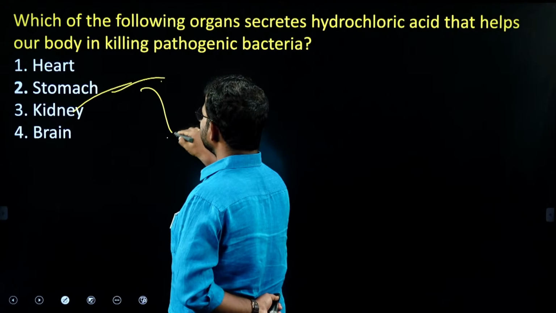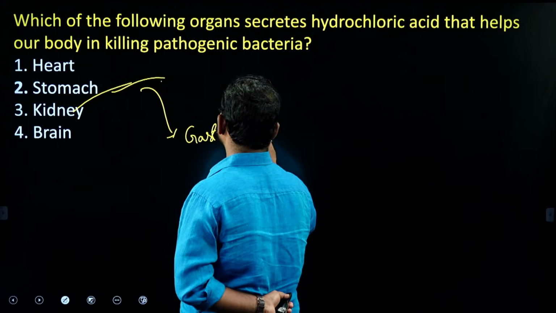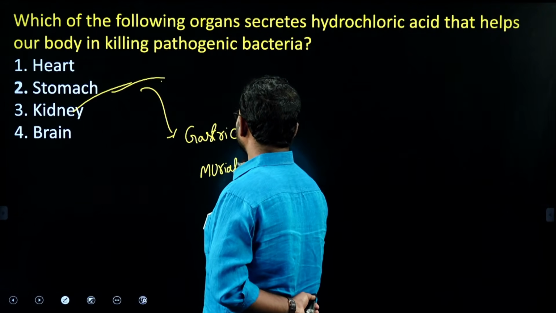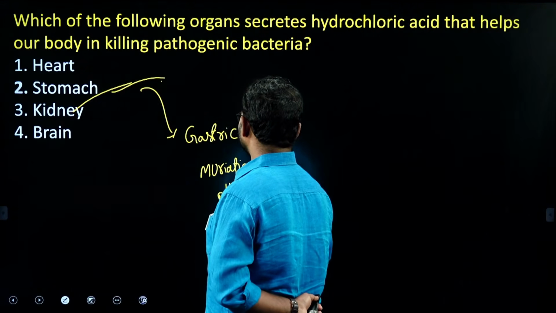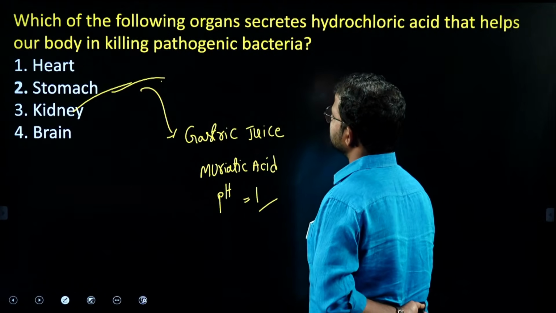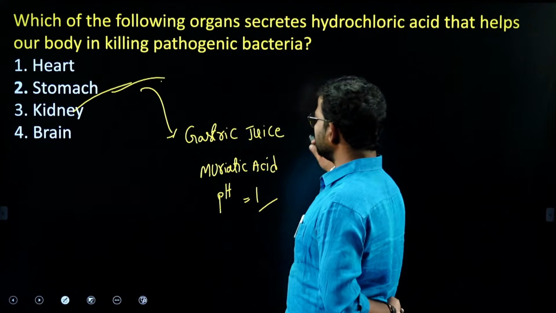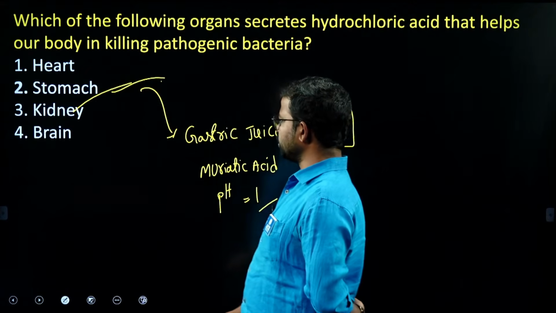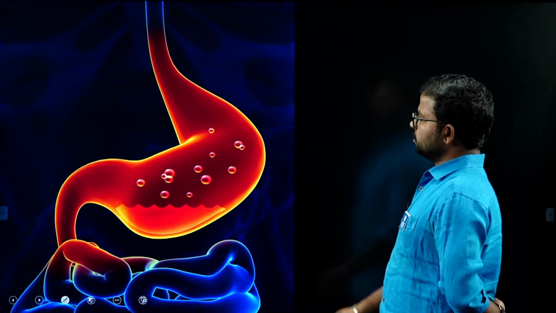The stomach releases gastric juice. This gastric juice is also called muriatic acid. Its pH value is 1 only, to kill different kinds of pathogenic bacteria. This is one of the major responsible chemicals, and the formula is HCl only. So HCl, gastric juice or muriatic acid. Option 2 is the correct one.